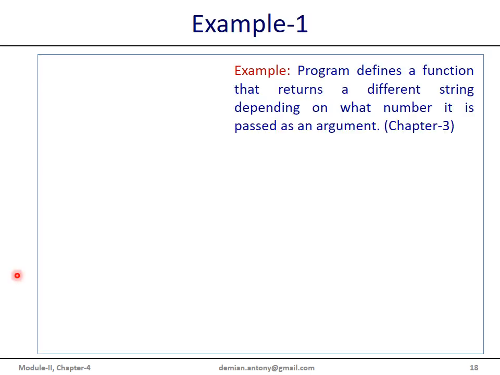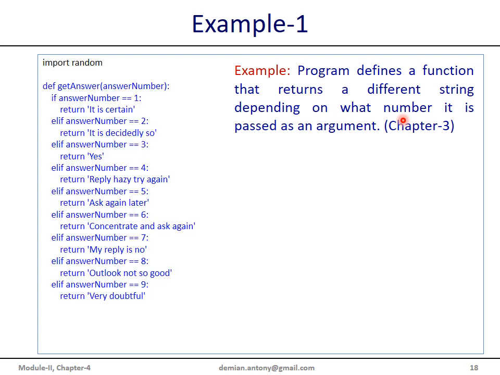Now let us take up programming examples. In the last chapter, we wrote a function to return a different message, a string, depending on the random number that is passed to the function. We wrote this code.